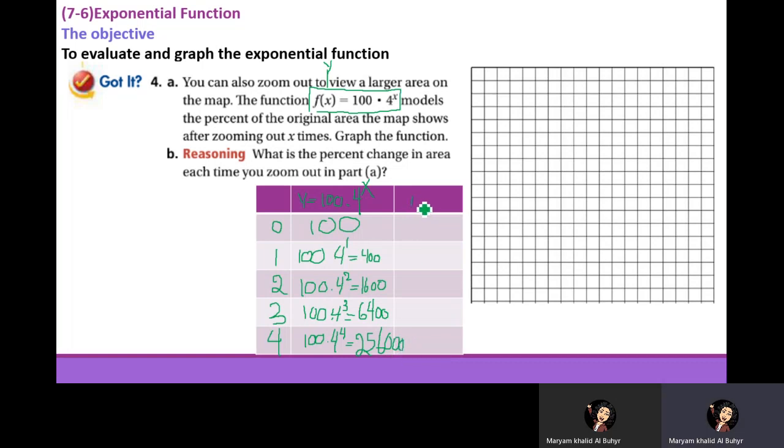I should also write for you the x. What is the x? The pairs. If you would like to do it to avoid confusion, you can.